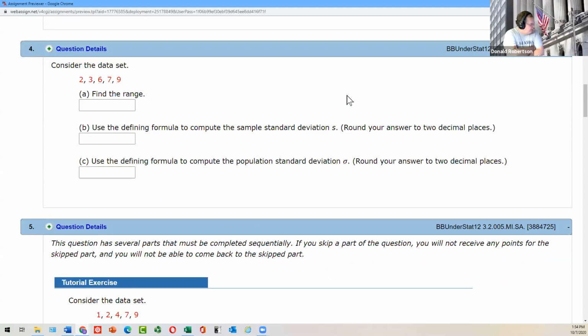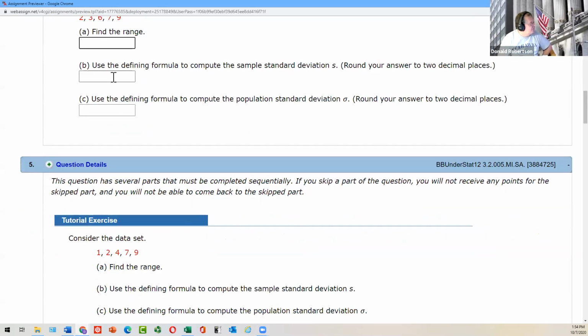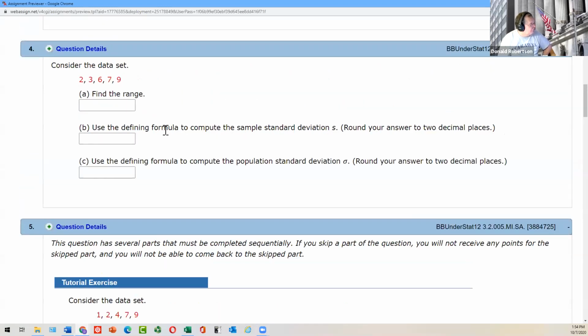Now, the next group of questions from what I can see are pretty standard. The way they phrase it isn't, but don't worry about that. Find the range. Well, you could do that in your head. When it says find the standard deviation of the sample and find the standard deviation of the population, the only way I would do that is to put these numbers into my calculator. What did the calculator call the sample standard deviation?